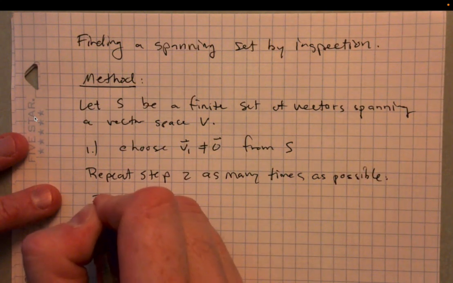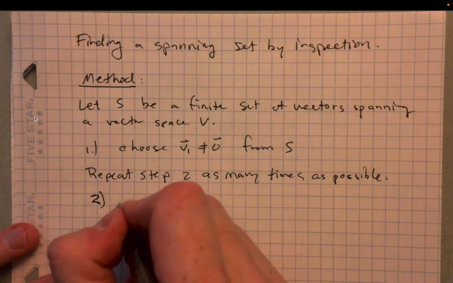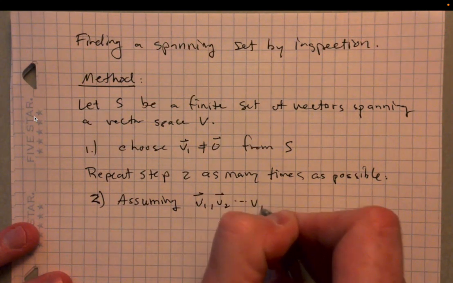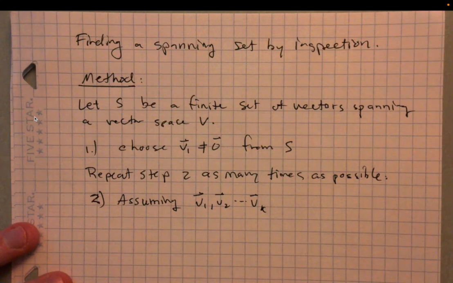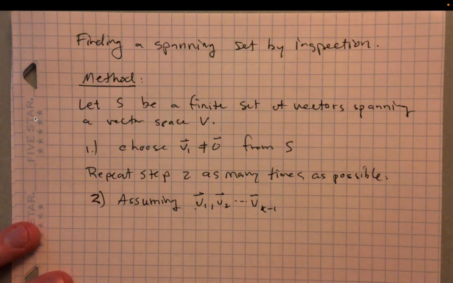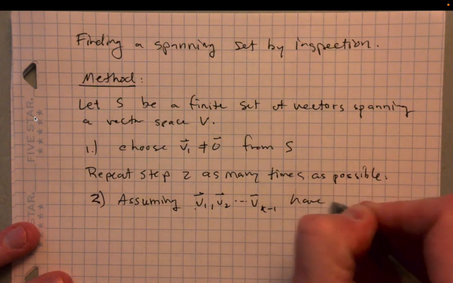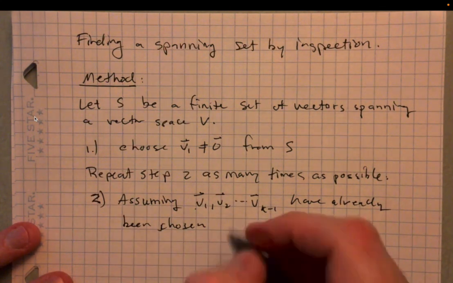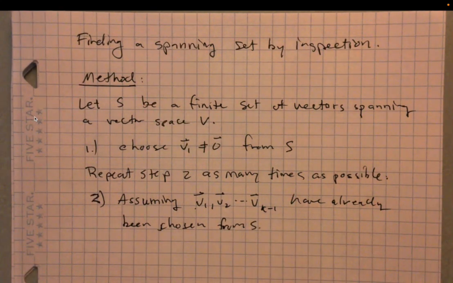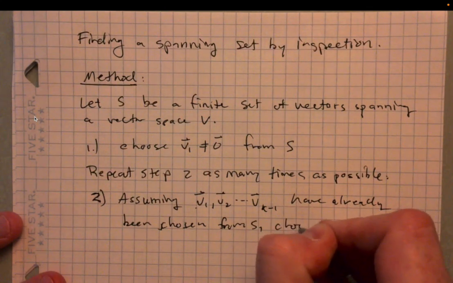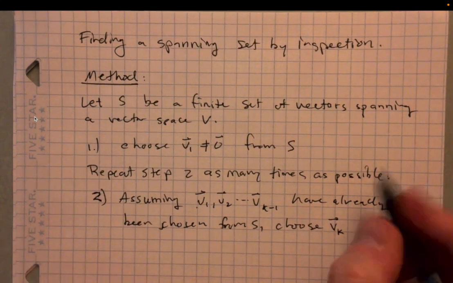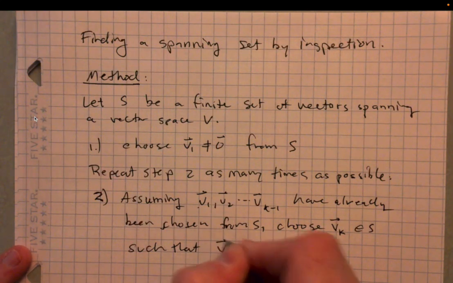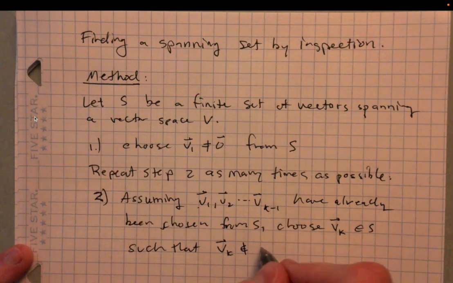And what is step 2? Well, assuming you have some vectors chosen already, v1 through vk minus 1, from S, we want to choose vk from S such that vk is not in the span of the previously chosen vectors.